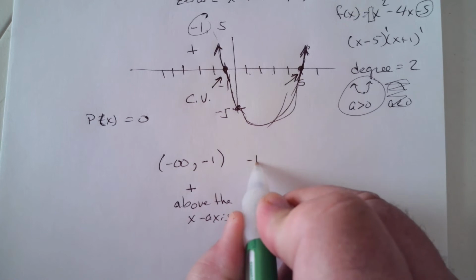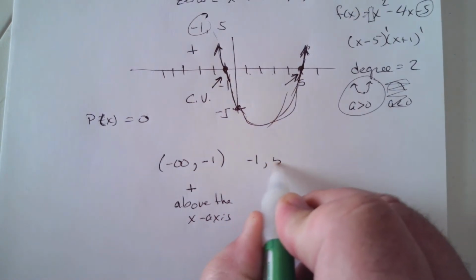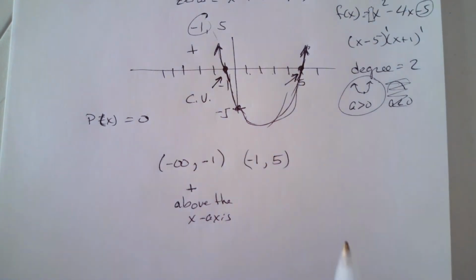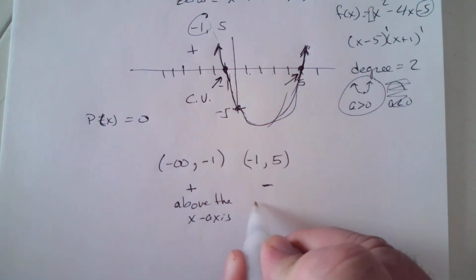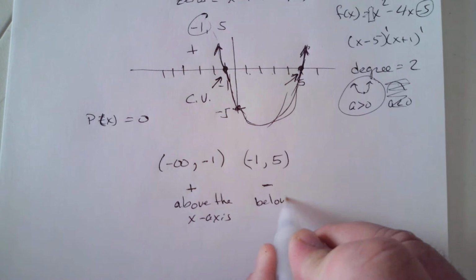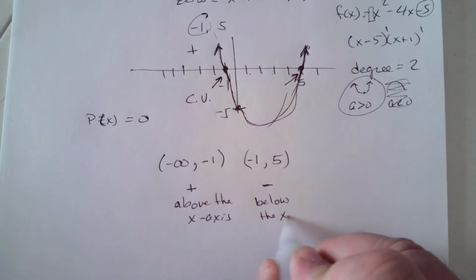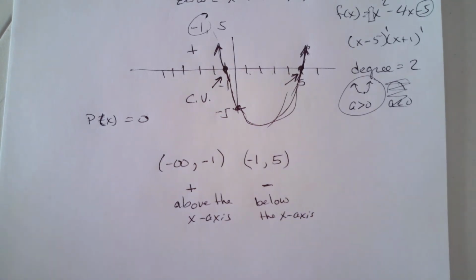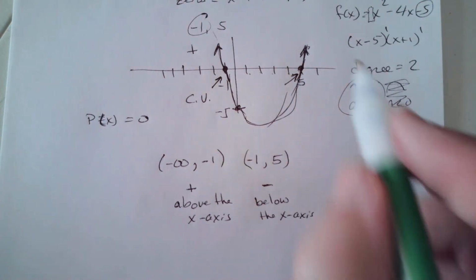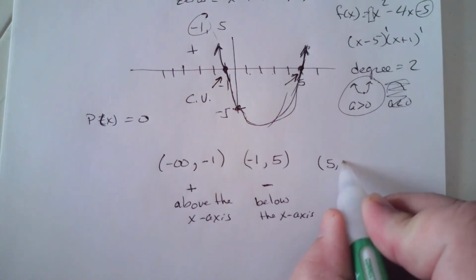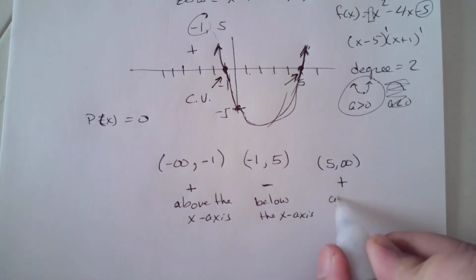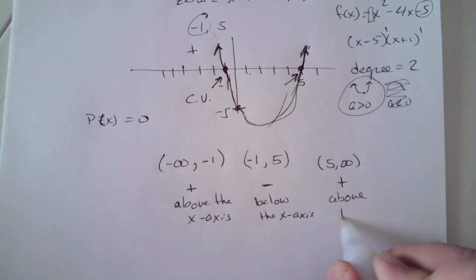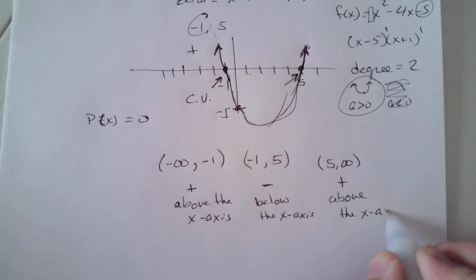Between -1 and 5, the graph is below the x-axis. It's negative. And then from 5 to positive infinity, it's back to being positive. The graph is above the x-axis.